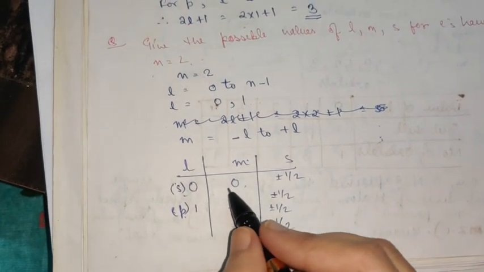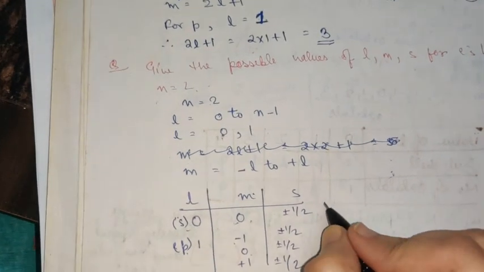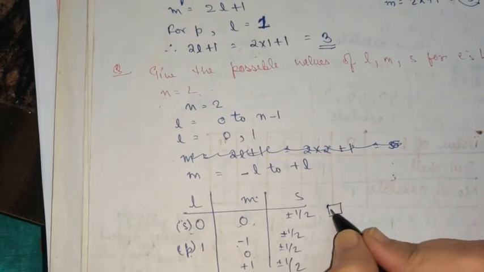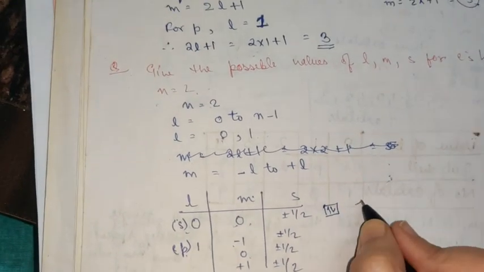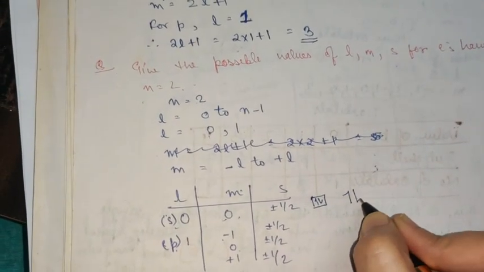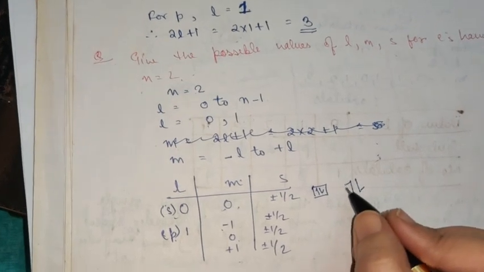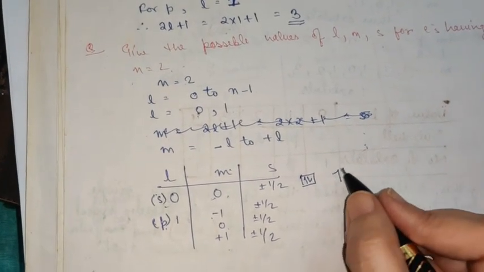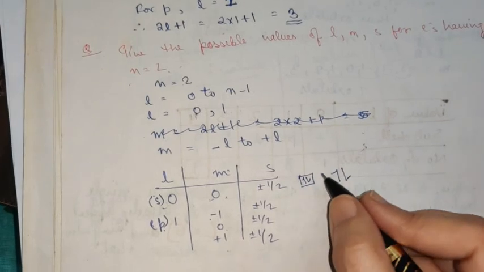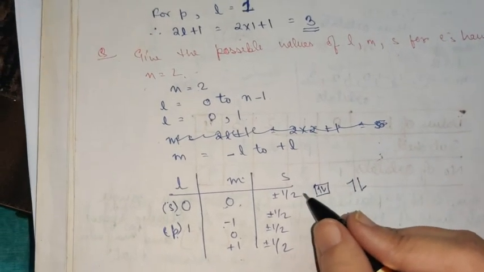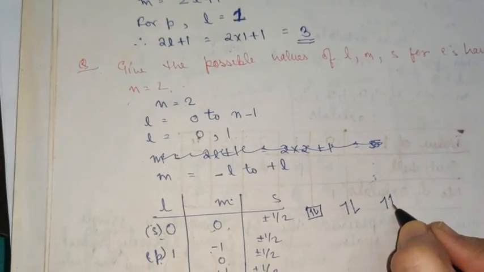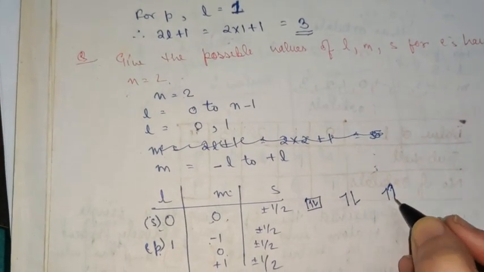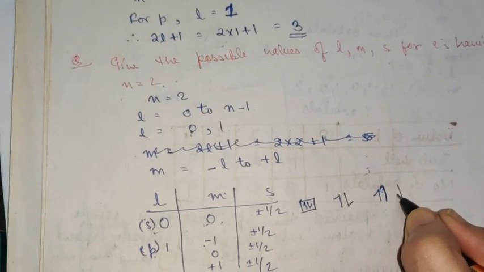And in one box, the spin of the electron can be plus or minus half. This indicates plus half, this indicates minus half. That means the two electrons will have opposite spin when present together in an orbital. The two electrons can never have the same spin, like this or like this.